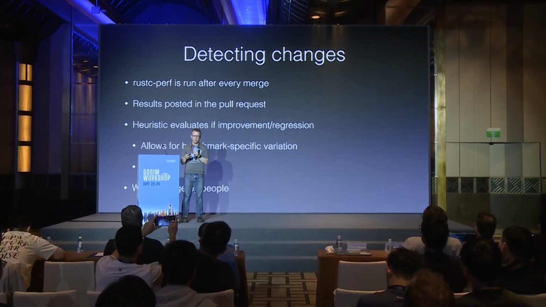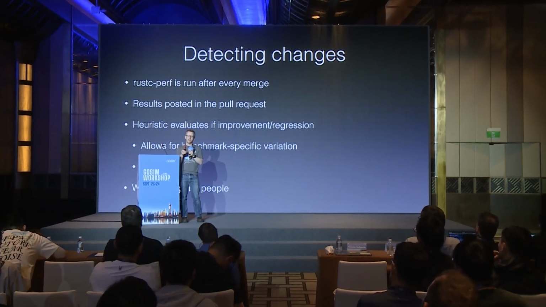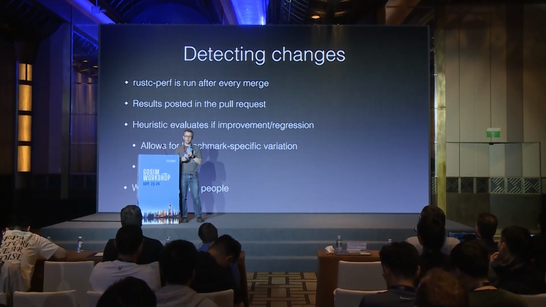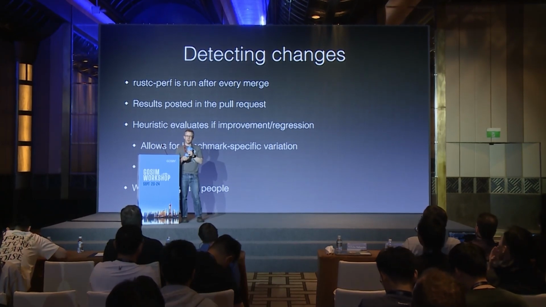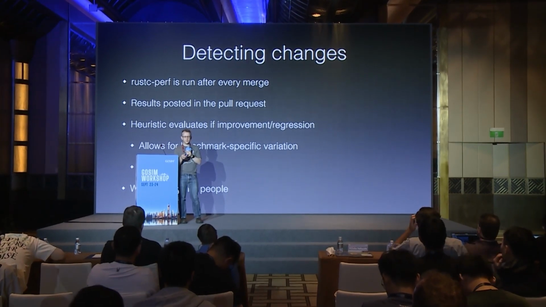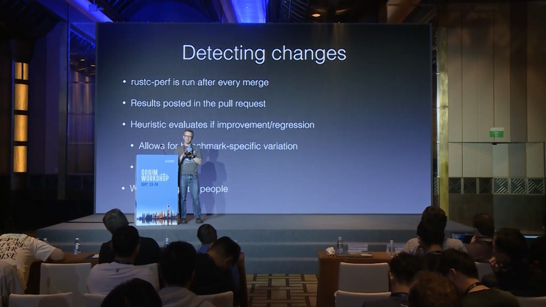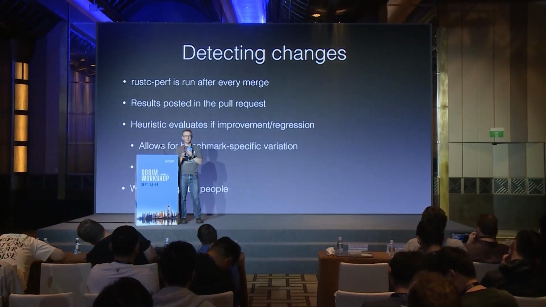So rustcperf, as I mentioned, is run after every merge, and the results from that run get posted into the GitHub pull request automatically by a bot. There is a heuristic that evaluates: did this improve performance or did it regress performance? This heuristic is aware of some differences on a benchmark basis, so some benchmarks are naturally noisier than others, and you need to be aware of that.